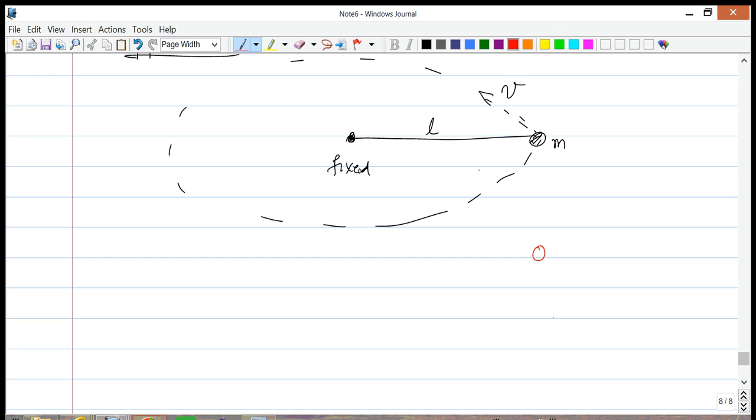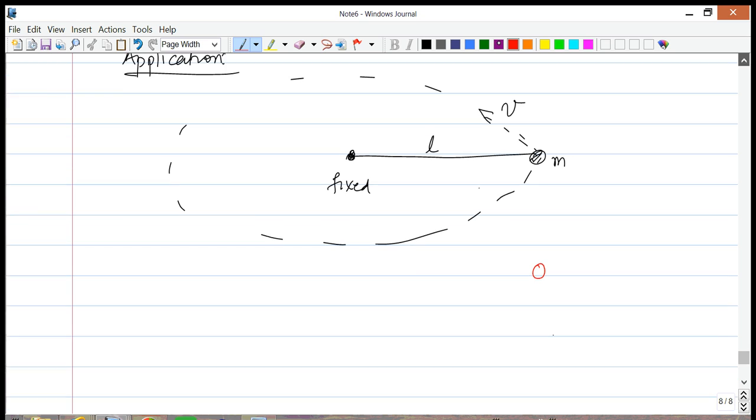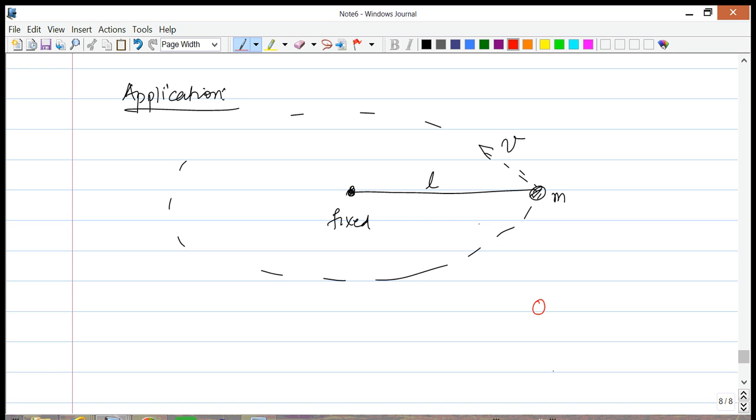In order for this mass to move in a circle, if you're moving in a circle, there must be a centripetal force pointing towards the center. That's it. It's very simple.